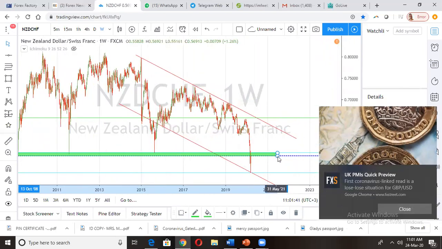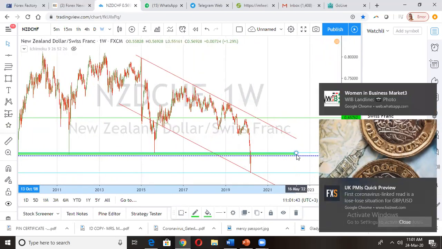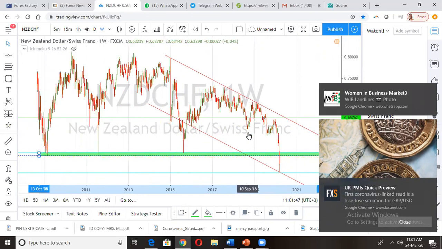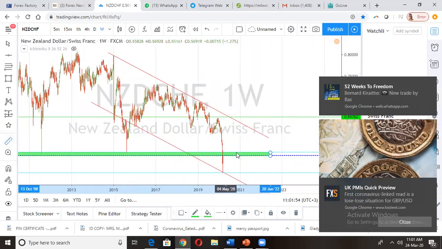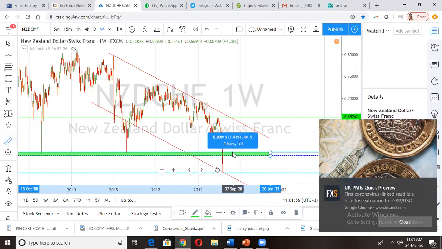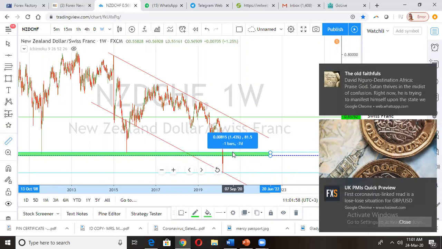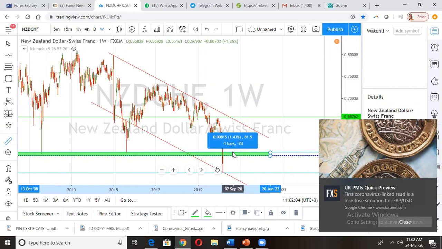Very interesting zone right now. So, yep. I feel like NZD-CHF is on a buy for about maybe 80 pips. NZD-CHF.